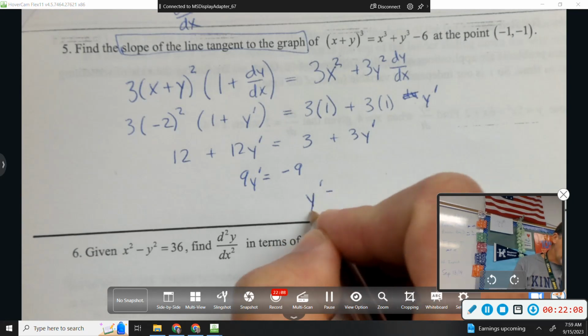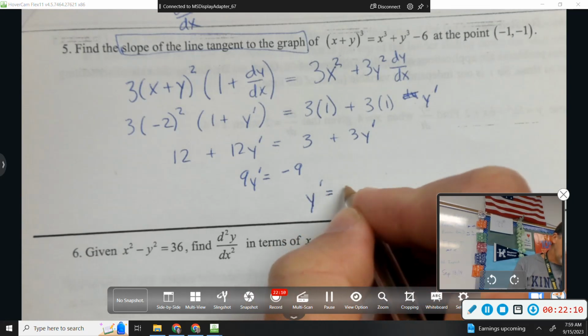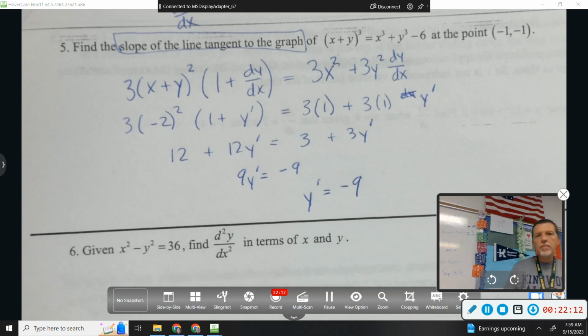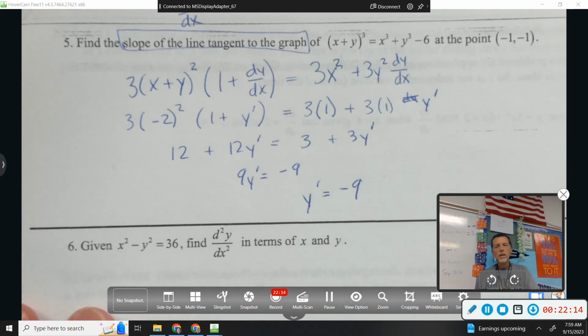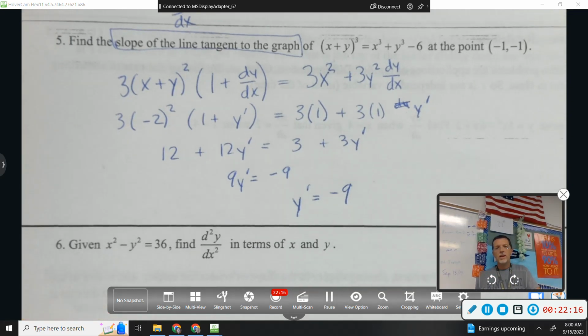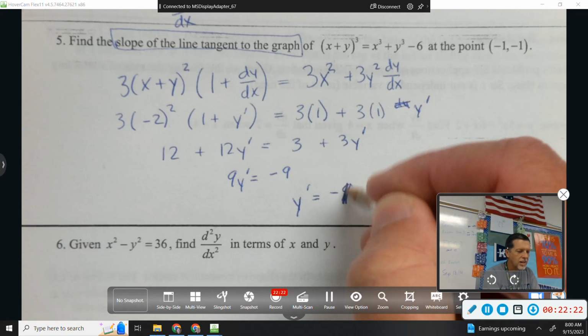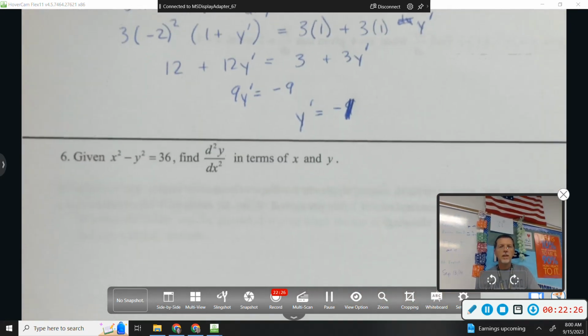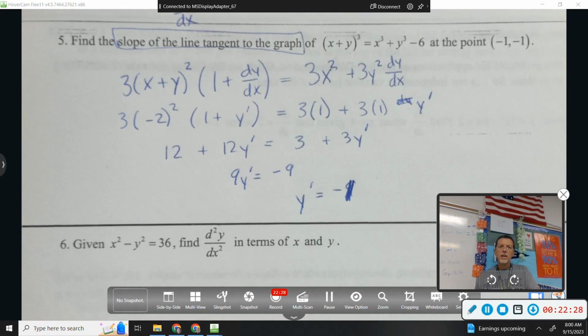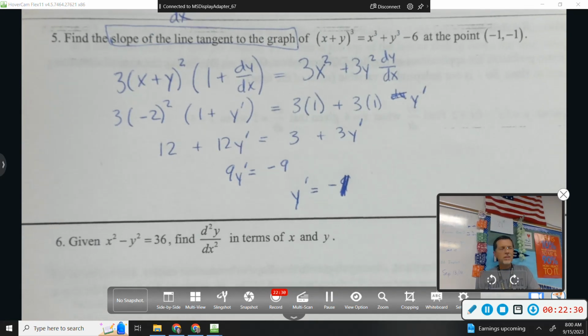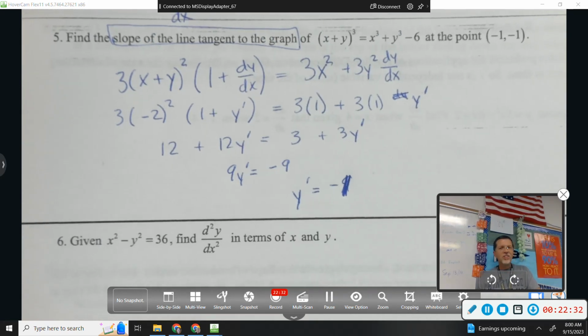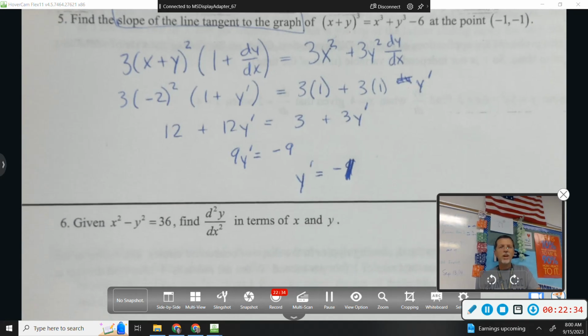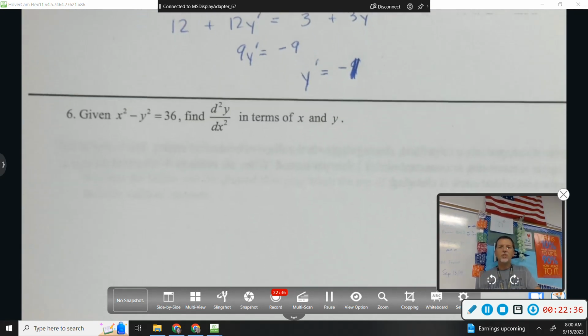So y prime is -9. No, not -9. No wonder you're saying, -1. All the same rules as always. It's just if a y shows up, then dy dx has to show up.